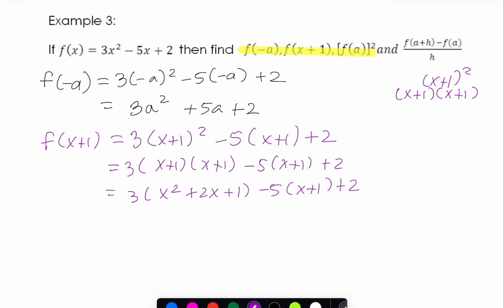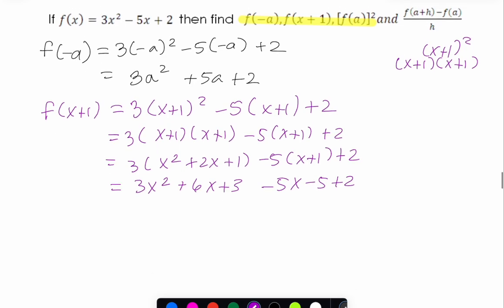And so then let's take our 3 and distribute that in, and then let's distribute our negative 5 in. So we get 3x squared plus 6x plus 3 minus 5x minus 5 plus 2. And then just go down your list. Do we have any like terms?